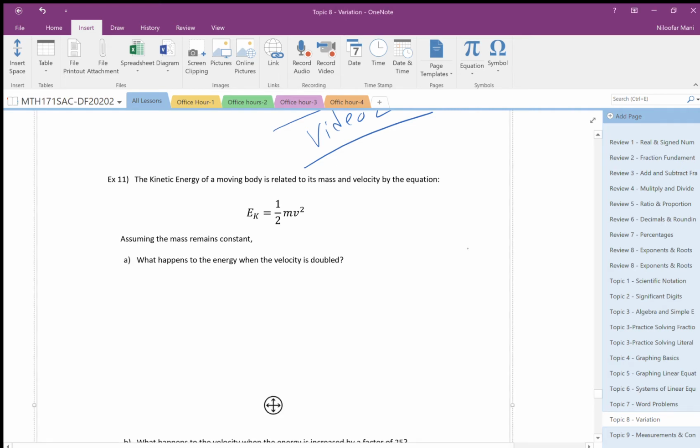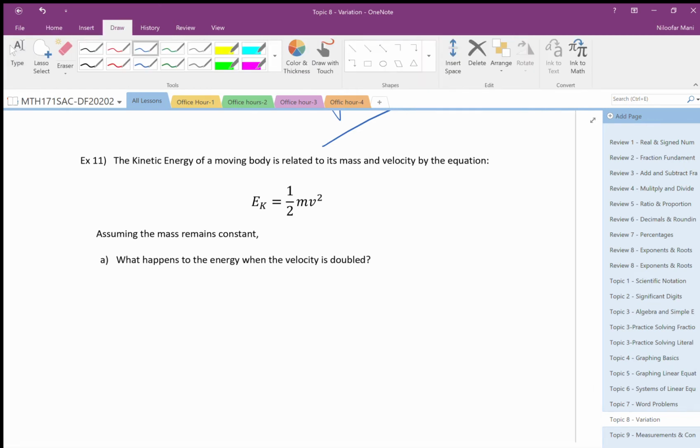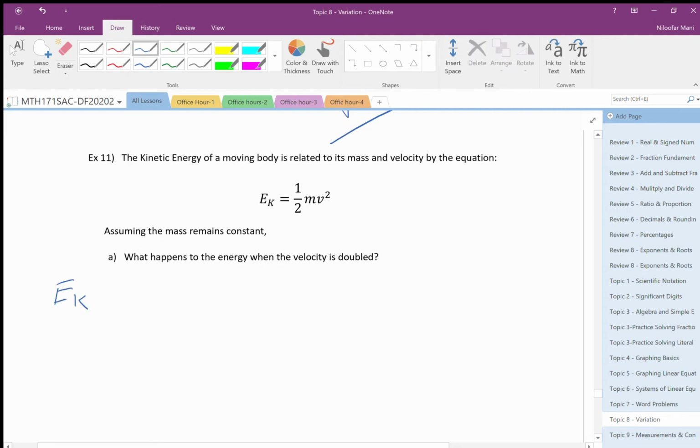So the question is: the kinetic energy of a moving body is related to mass and velocity in this equation. Assuming the mass remains constant, let me bring my pen. So I have Ek varies directly with velocity squared.